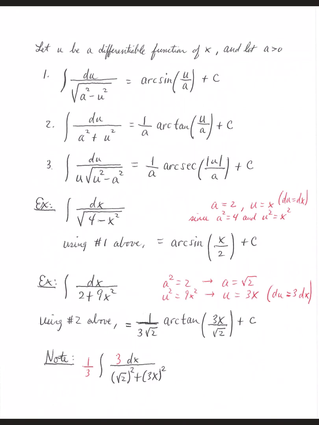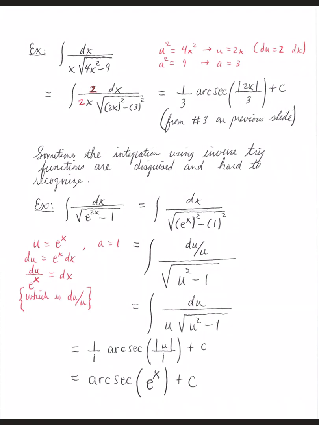U over a is 3x over square root of 2 plus your constant of integration. Okay, so when I switch to the next slide, we're going to do an example using this third formula. So if you want to pause and write this one down, feel free to do that.